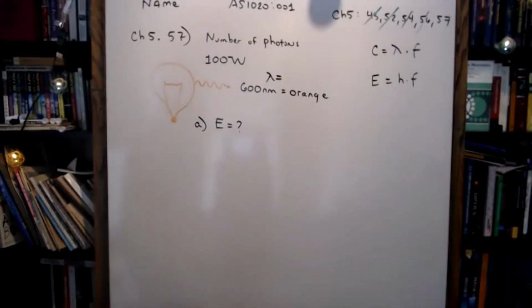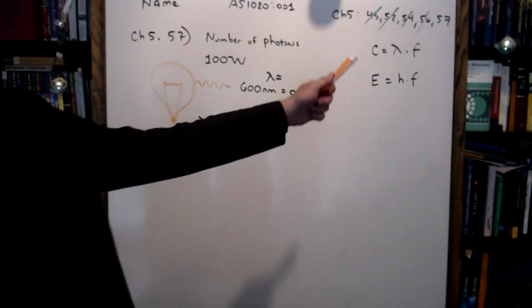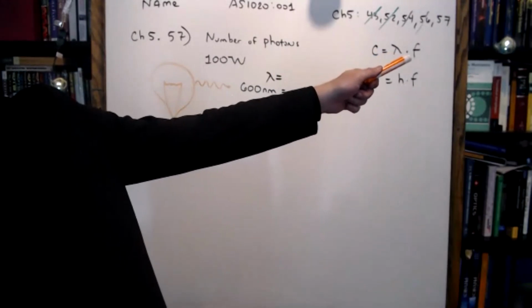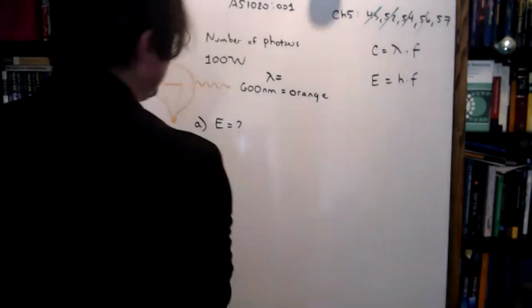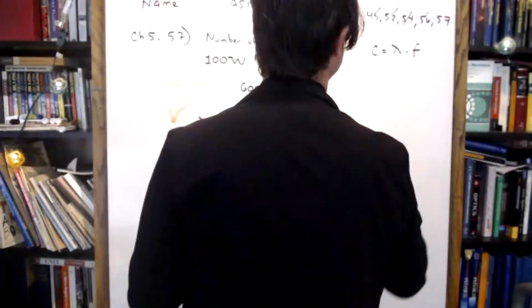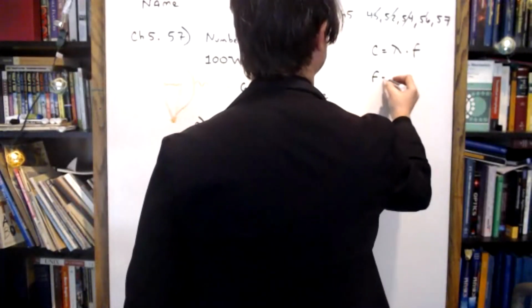I'm not sure what our frequency would be. Well, do you know the speed of light? 3 point something times. So if you know the speed of light and you know the wavelength, Devin, I've got a better idea. Earlier, you guys solved for frequency, and you told me that frequency was c divided by wavelength, right?